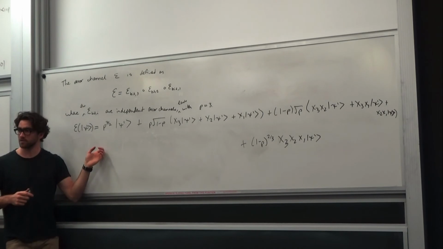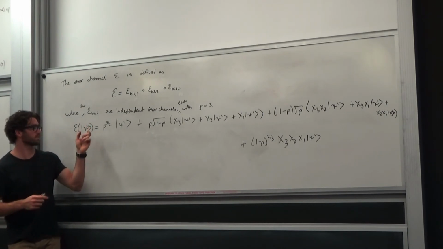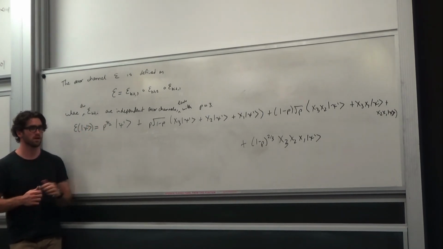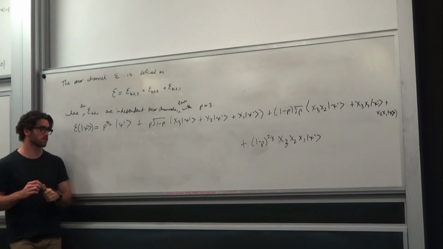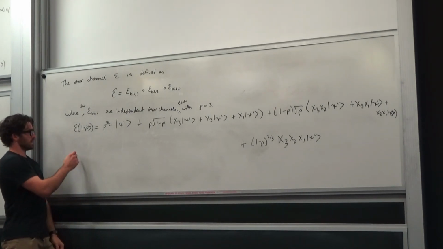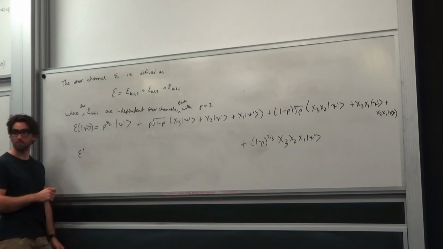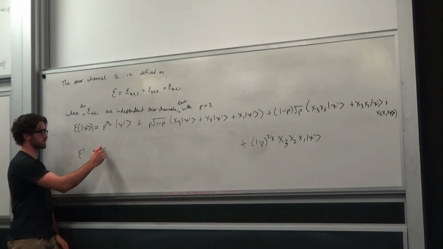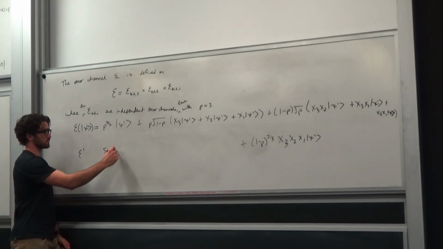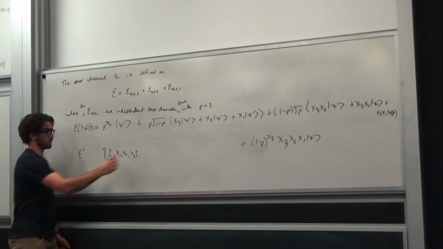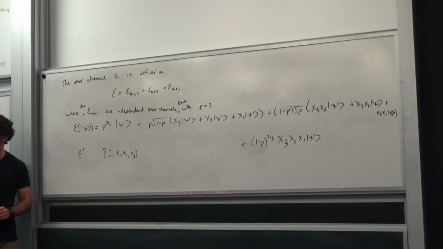So this is what you get when you have the 3 independent error channels, but we can only really correct for, I don't know, E prime has these error components, I guess. Maybe I'm not saying that clearly enough.